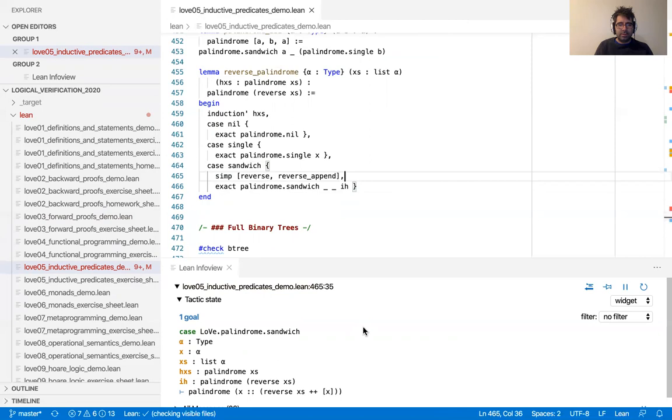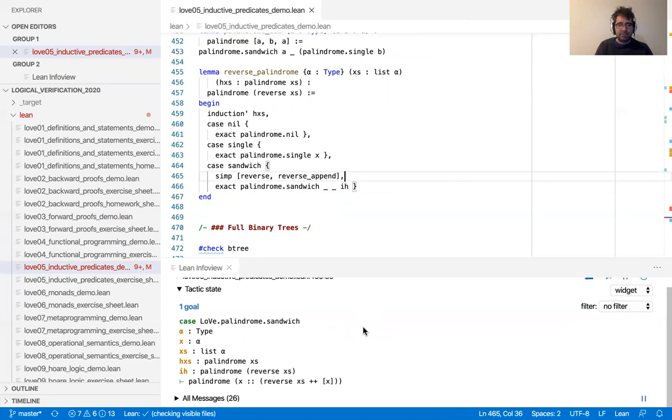Okay, so I'll put them back together because that looks more tidy. And then we're in good shape because we have an x at the front, and then a cons, a reverse, and then plus plus x. It's almost the format we want, right? What we want is a singleton here plus plus, but a singleton plus plus is the same as cons with a single element, and that's by computation. So I don't even need to rewrite or do intermediate steps with a have or anything.